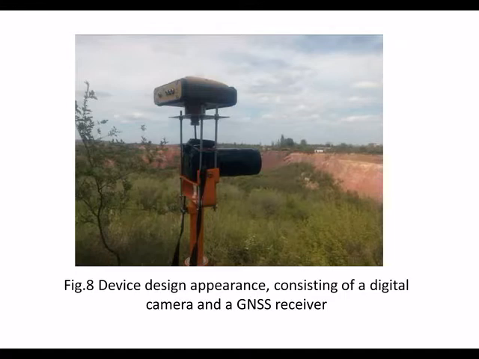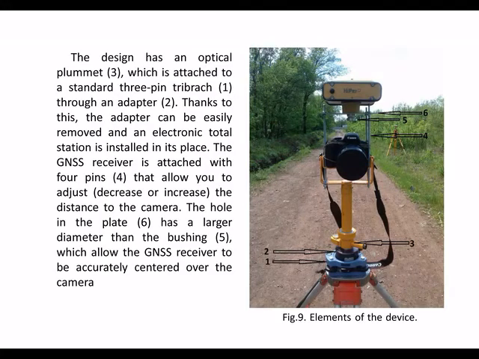The design has an optical plummet which is attached to a standard 3-pin tribrach through an adapter. Thanks to this, the adapter can be easily removed and an electronic total station is installed in its place.